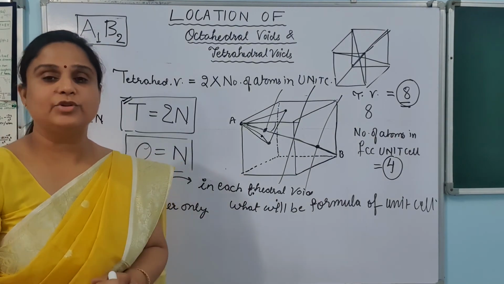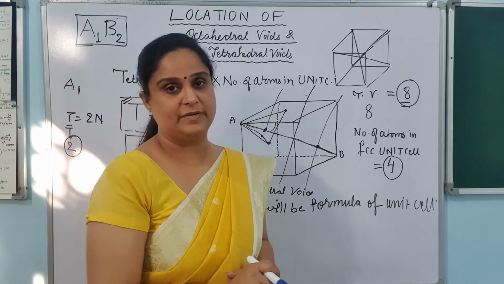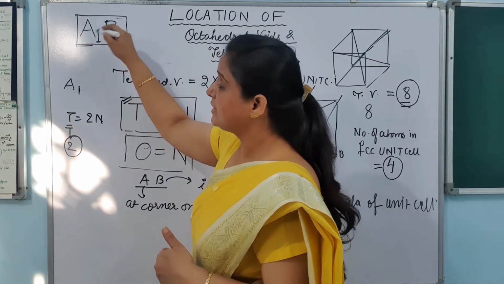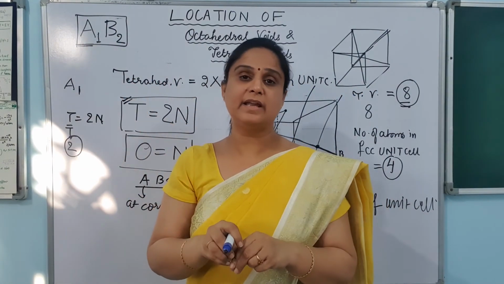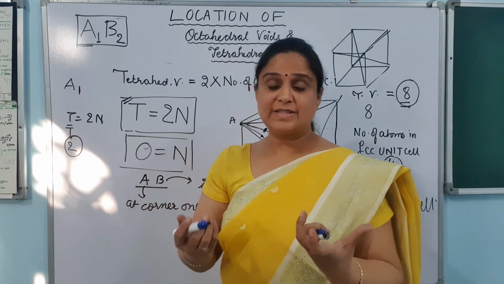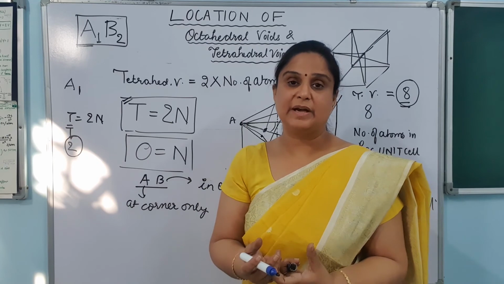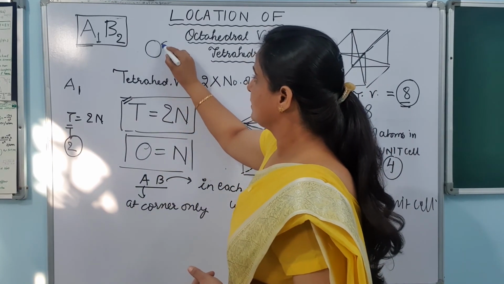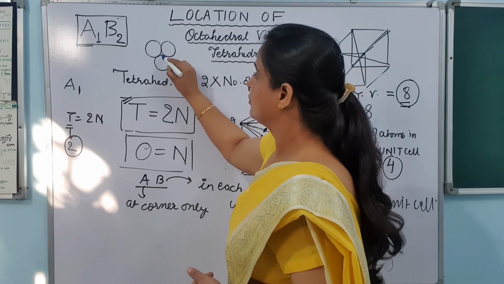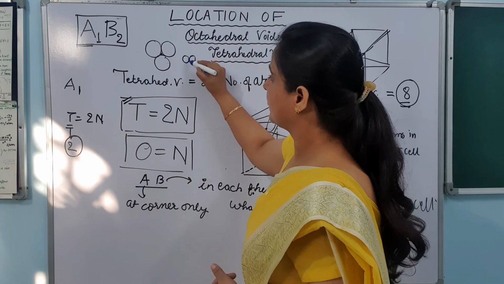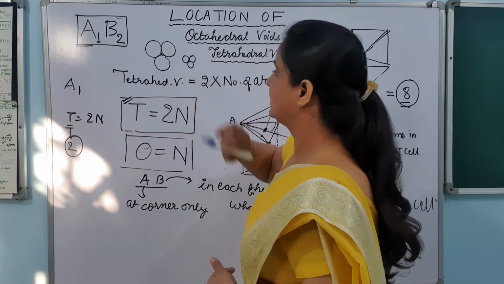So in the next video we will be understanding what is the relationship between A and B, whether this B can be fitted inside the grooves of the A or not, because the size of the void will totally depend on the size of the atom. Suppose this is the atom size, the groove will be this. If the atom size I am decreasing, the groove is also decreasing.